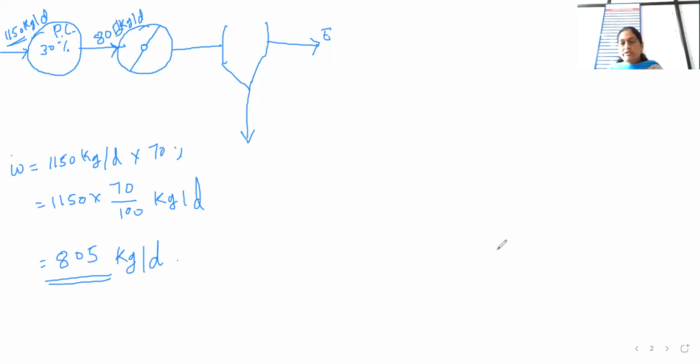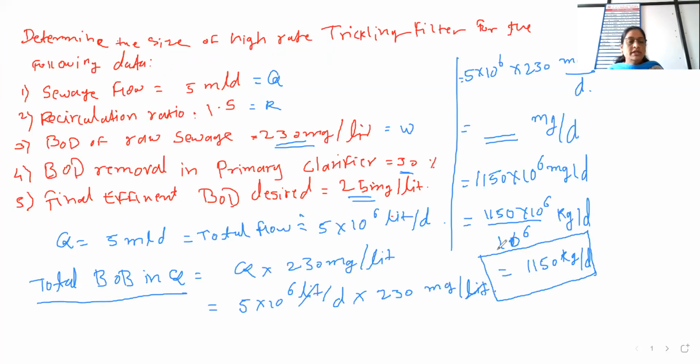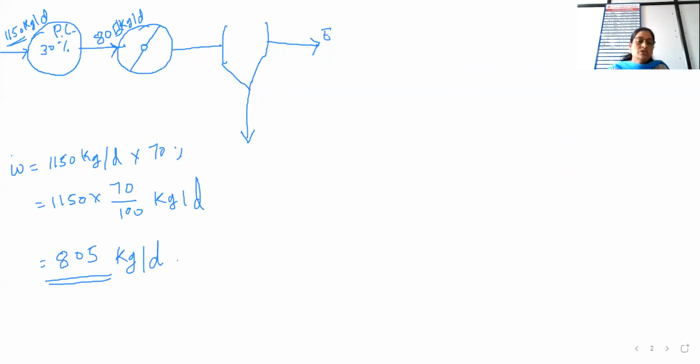And one more condition is given to you in the problem. Desired BOD. What is this? Final effluent BOD desired. It is 25 milligram per liter. Now, that quantity also we will take into consideration, and then we can talk about the efficiency of the trickling filter. Okay. So I will draw it here.